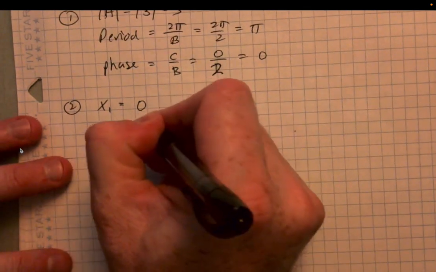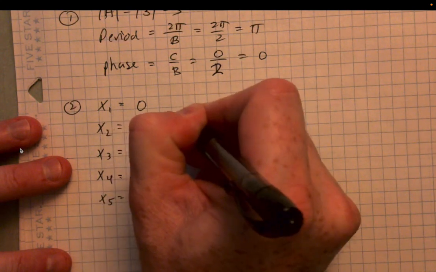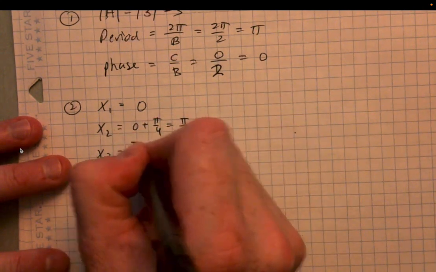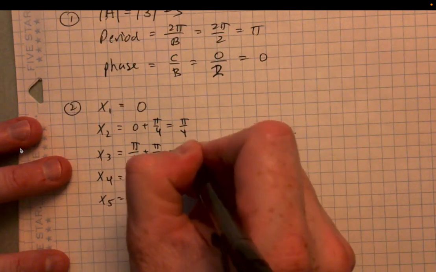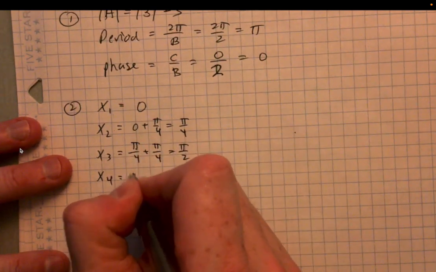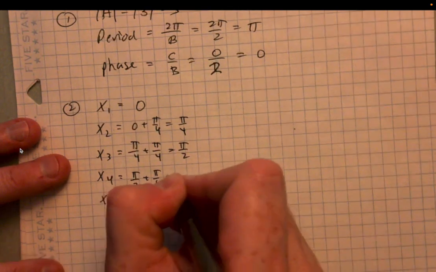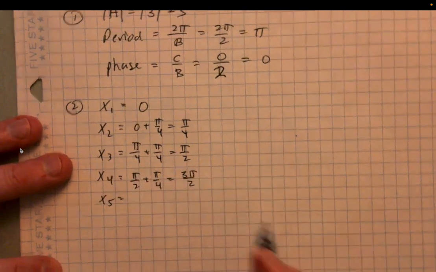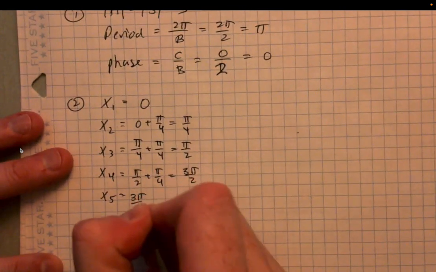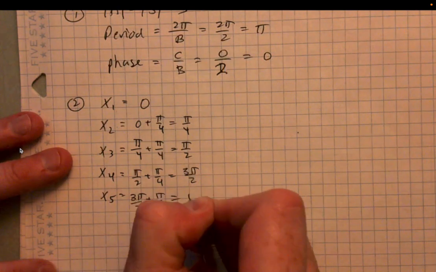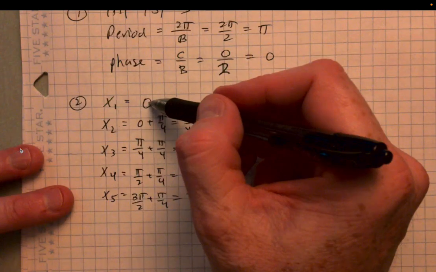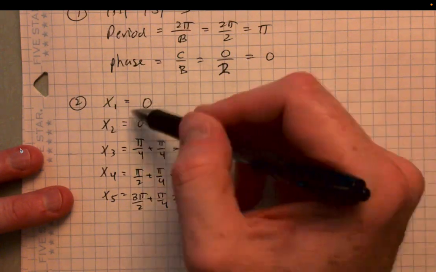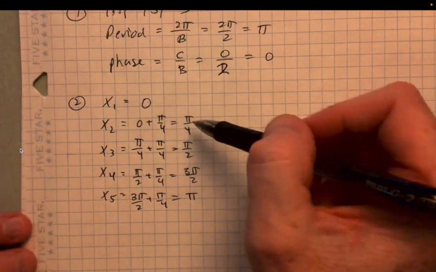So it'll be 0 plus pi over 4. And then it'll be pi over 4 plus pi over 4. Okay. And then pi over 2 plus pi over 4. And then 3 pi over 2 plus pi over 4. Okay, and so again, we've seen this one before where we go from 0 up to pi, and the whole period is there, and we just naturally have those broken up.